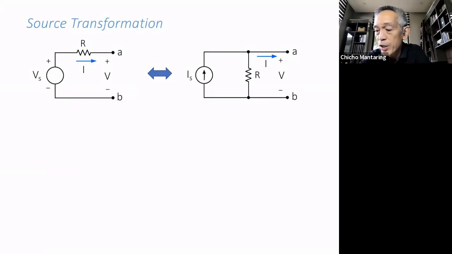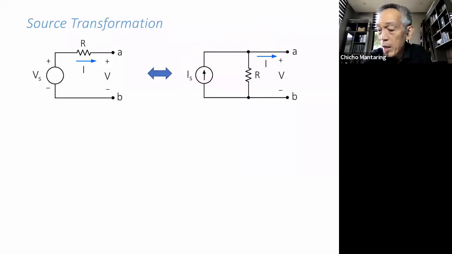Ito yung situation ko: when can I replace this particular circuit on the left with this particular circuit on the right? So what I want to happen is I want this to become equivalent to this. Ano sabi natin pag equivalent yung dalawa?